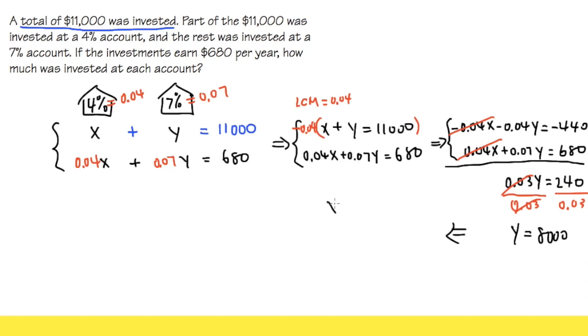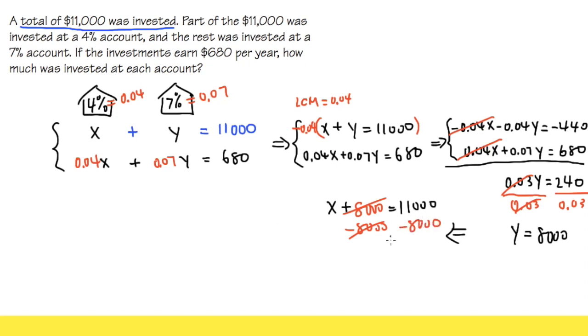So let me put down x plus y, which we know now y is the value of 8,000, and then that's equal to 11,000. So what's x? We can just subtract 8,000 on both sides, and we can get the x by itself.